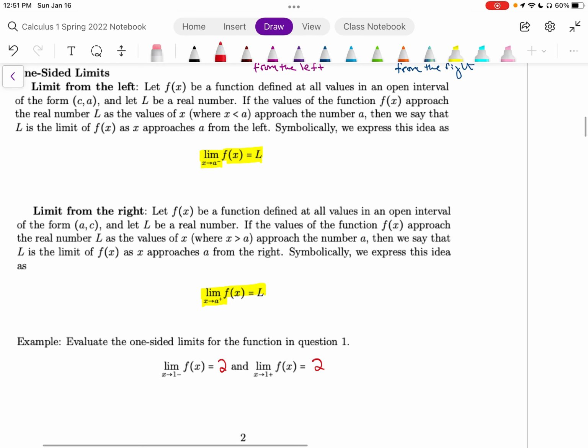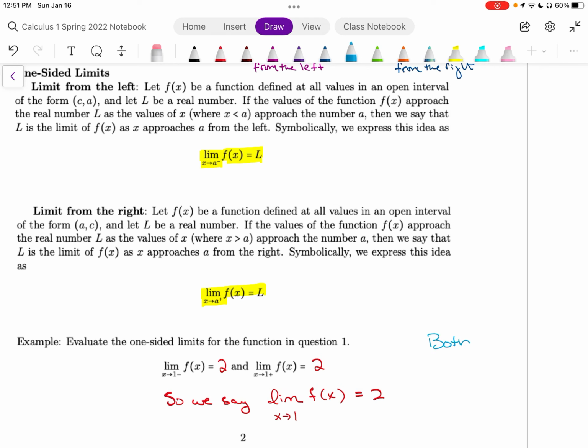All right, what that means is, and this is important, we say that the limit as x approaches 1 with no plus or minus sign, in other words, the actual limit of f of x is 2. Okay, so I'm going to make this really clear.